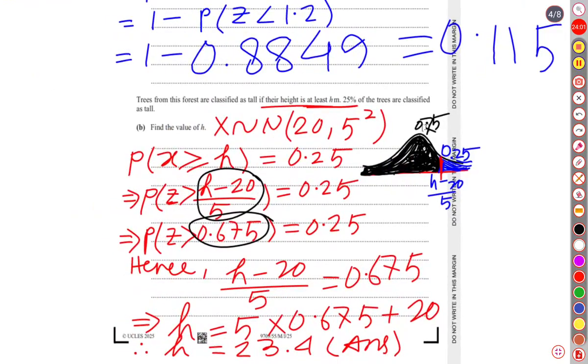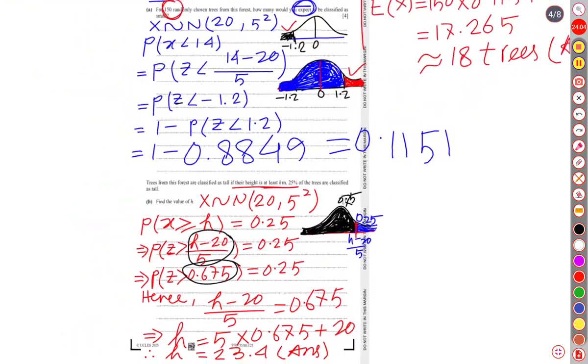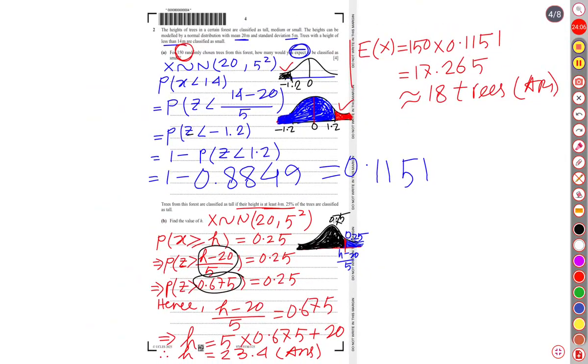I think you have understood this. And from solution number 2, you have learnt that for any probability which is less than 0.5, we will find it for the alternate one. Always the probability given in the normal distribution table is more than 0.5.